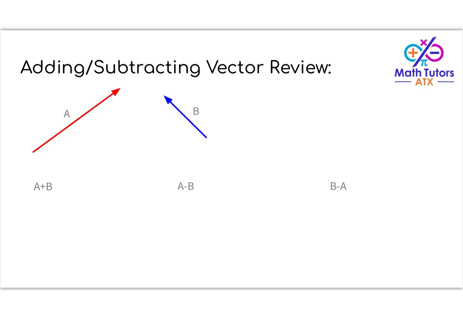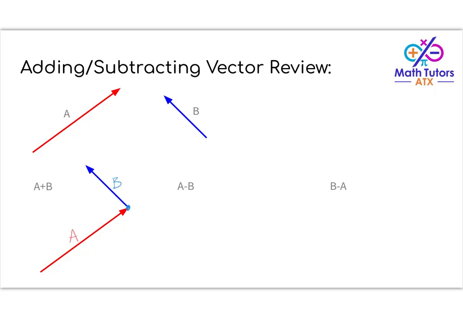For adding and subtracting vectors, you may have seen this in physics or maybe you've already talked about it in one of your math classes. When we add vectors, we're going to put them head to tail. So here I have vector A and I have vector B. If I'm going to add them, notice how I have A in the direction that it is, but then I start by putting B right here where A left off.